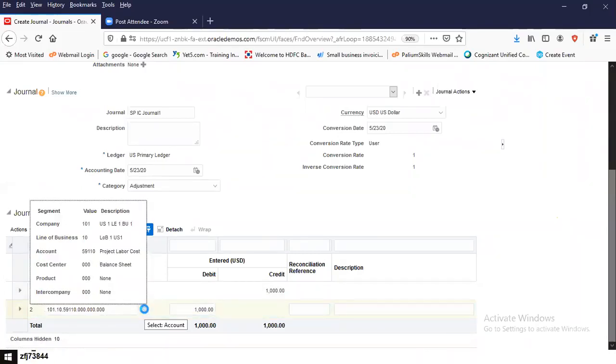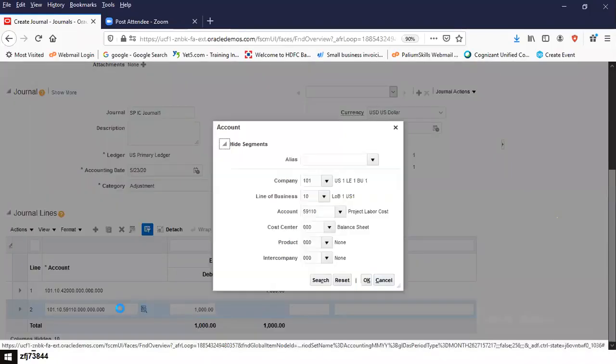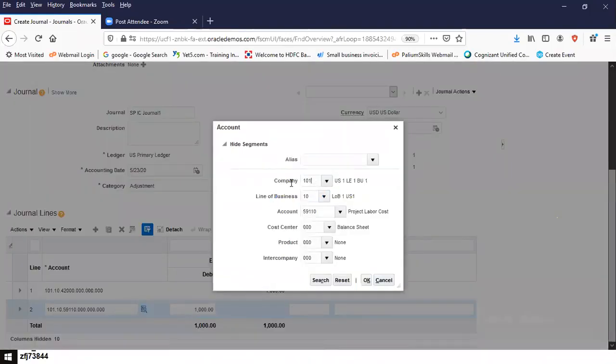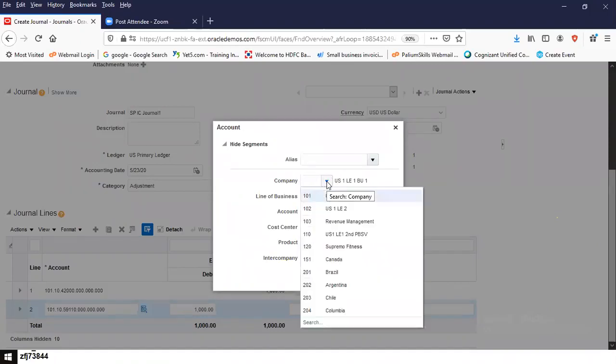But in the case of intercompany, we are changing the company segment. We are saying that the company is going to do a transaction with some other entity. What I sent from company one should be equal to what I received in company two.